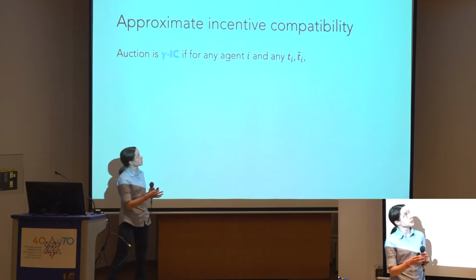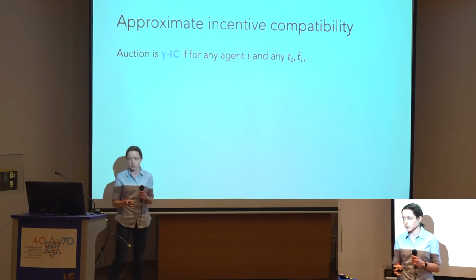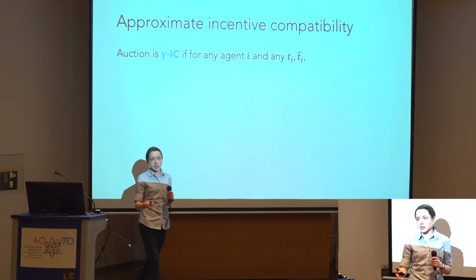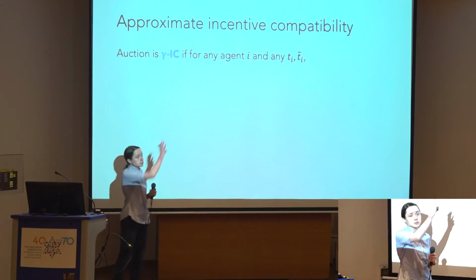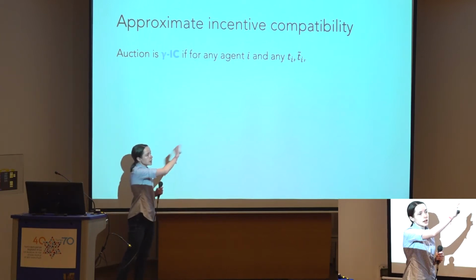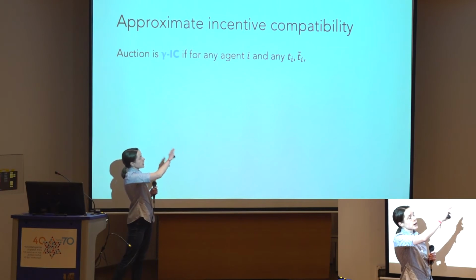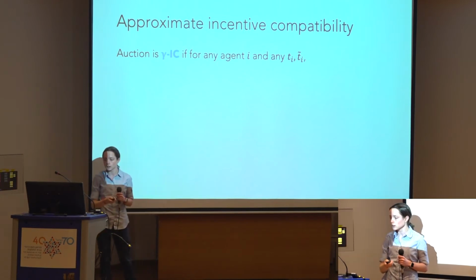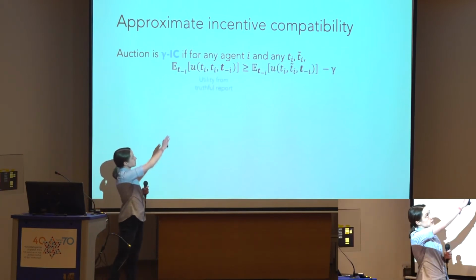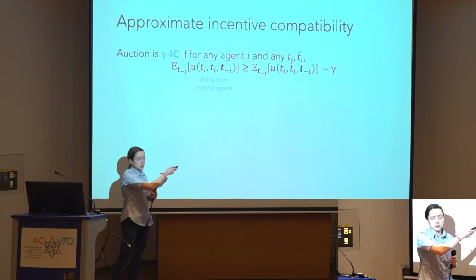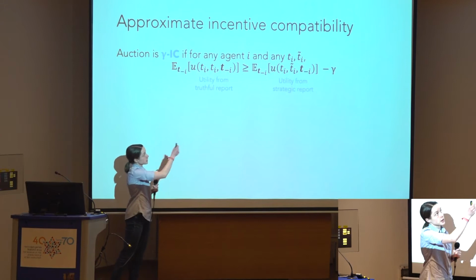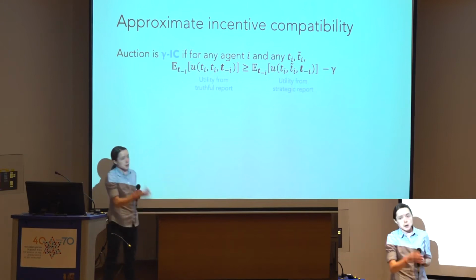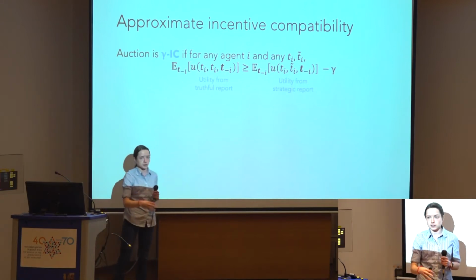Now moving on to approximate incentive compatibility. An auction is gamma incentive compatible if for every agent I, any true type Ti, and any reported type Ti tilde, their expected utility from reporting truthfully is at least their expected utility from reporting a type of Ti tilde minus this additive factor of gamma.